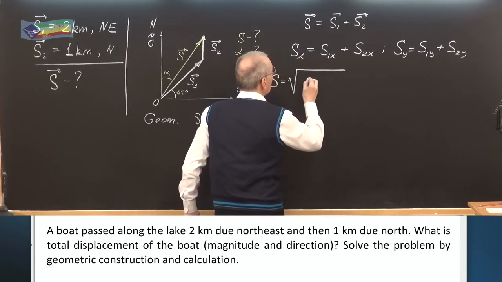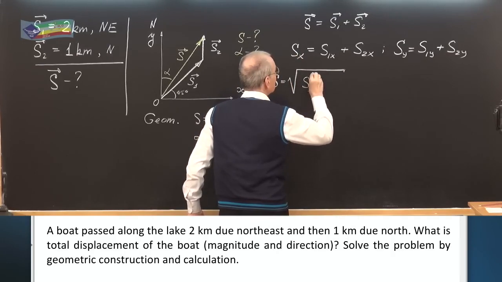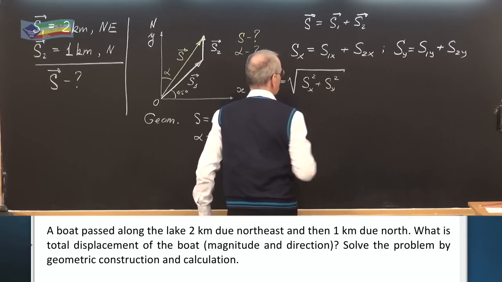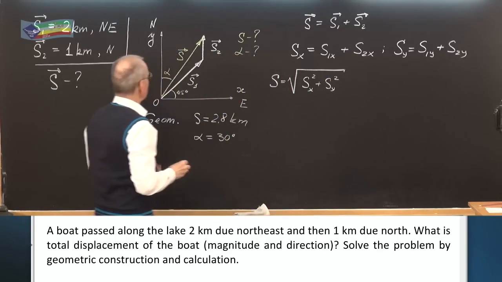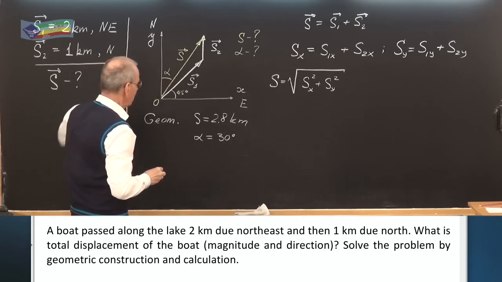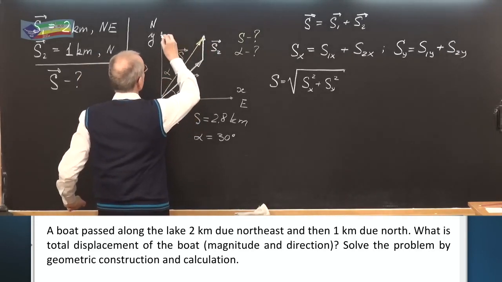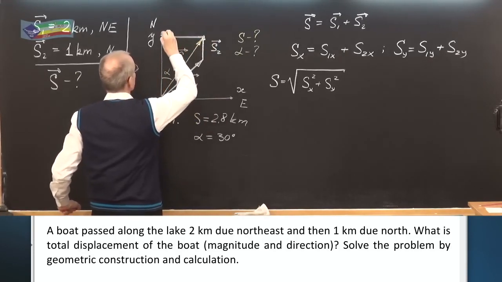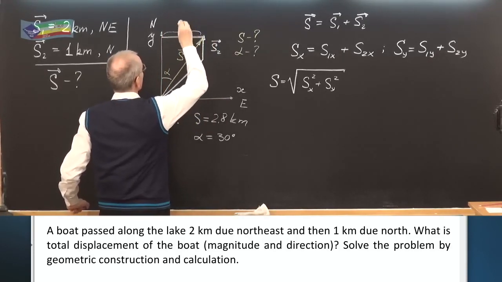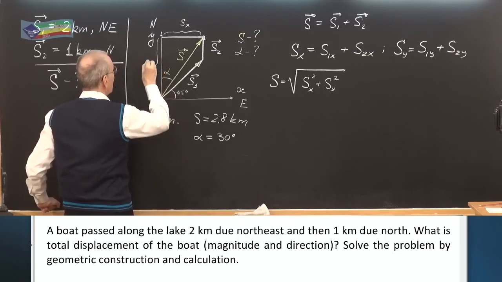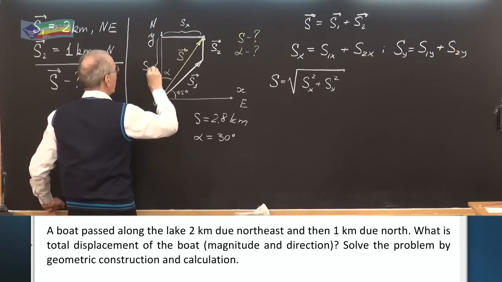If we want to find the magnitude of the S vector, we can write S magnitude is the square root of Sx squared plus Sy squared. And if we have to find alpha, we can use this triangle. This is Sx, this is Sy.